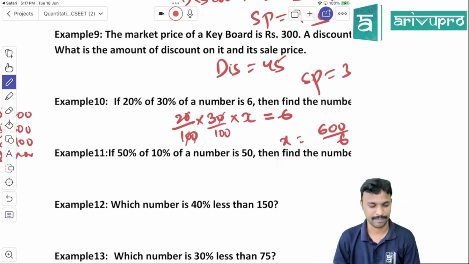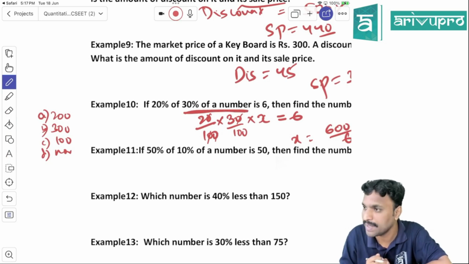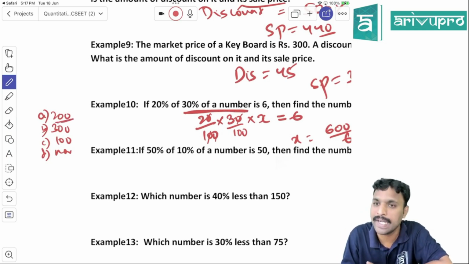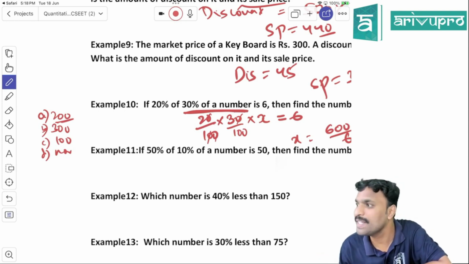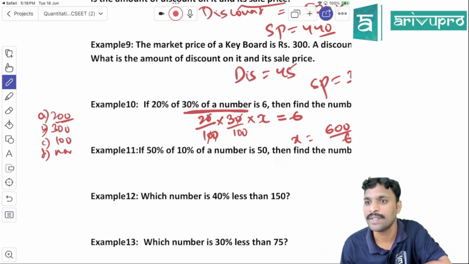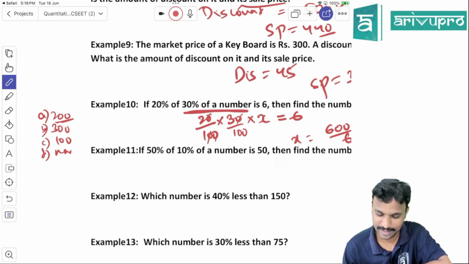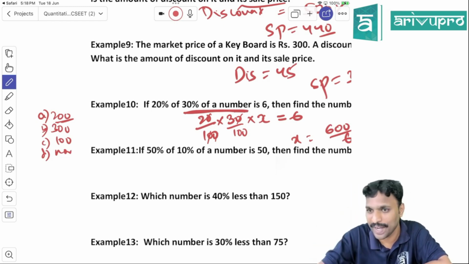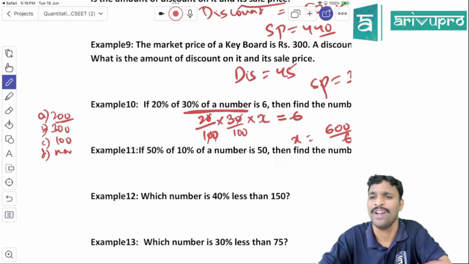So how to handle this is, first of all, what percentage of a number you have to see? 30% of a number. 30% of 200. 10% is how much? 20. 30% is 60. 30% of 200 or 200% of 30.